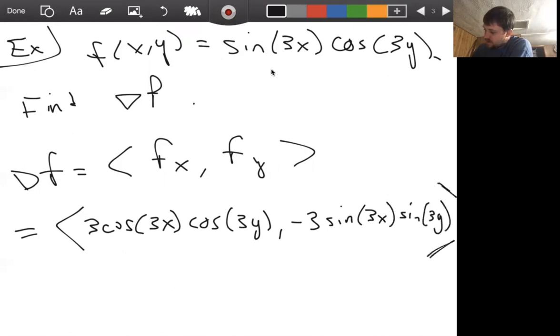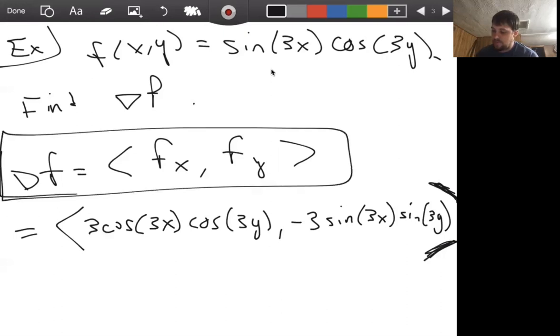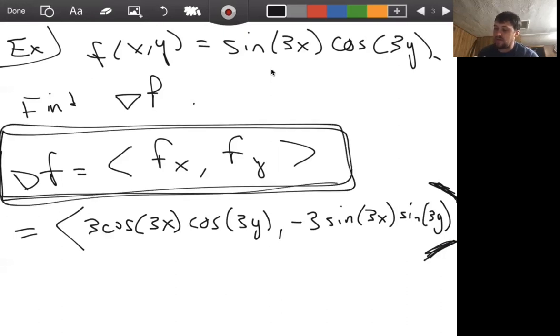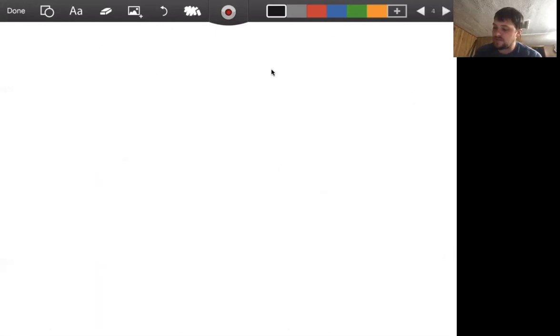At the most basic level, calculating the gradient just boils down to calculating partial derivatives and plugging them into the proper components of the vector.